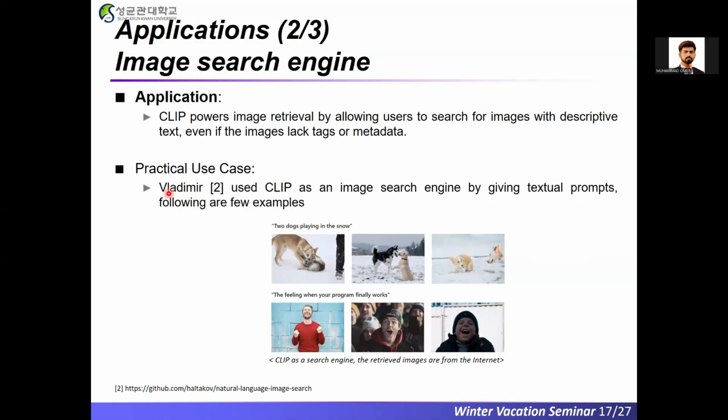He posted it on Twitter as well, and he has his own GitHub repository. I have given the link in the description. Here, he used CLIP as an image search engine by giving textual prompts, following a few of the examples. For two dogs playing in the snow, these are the results retrieved by CLIP, and these images are from the internet.